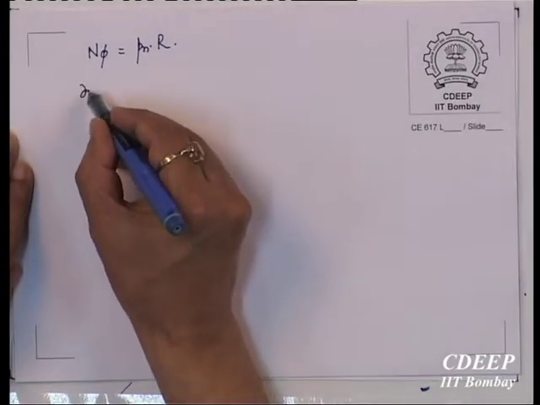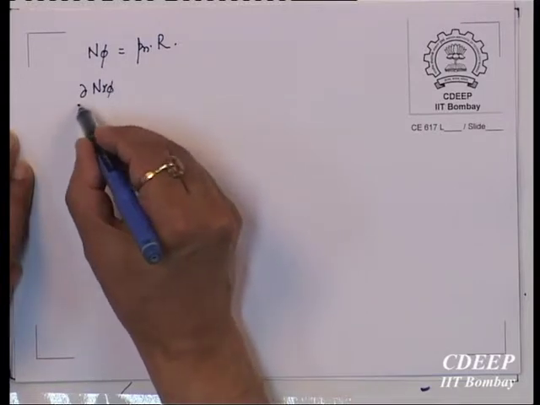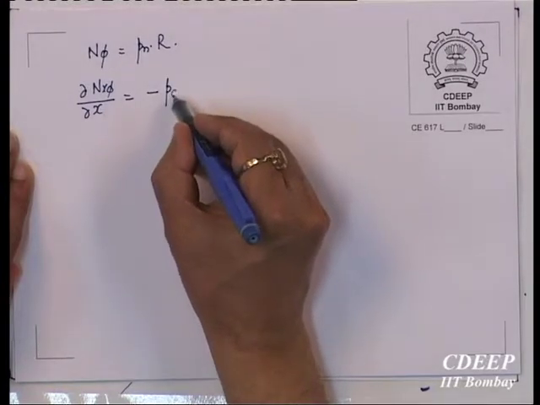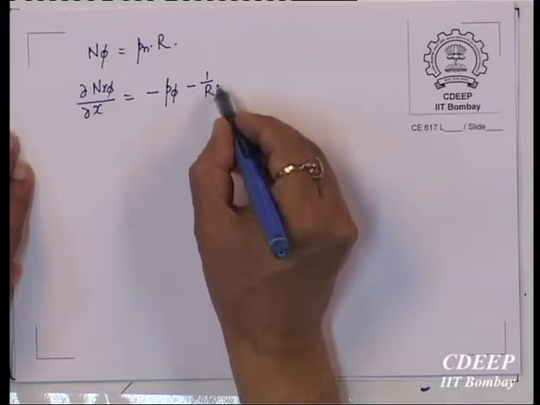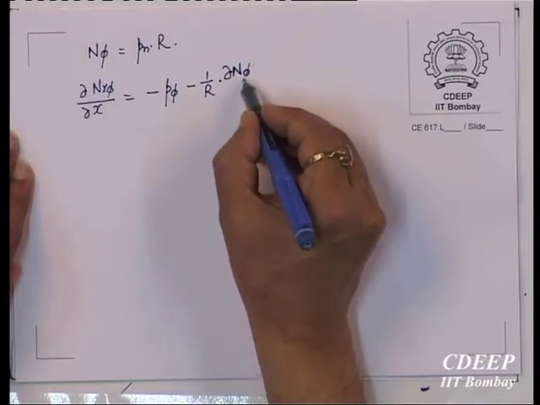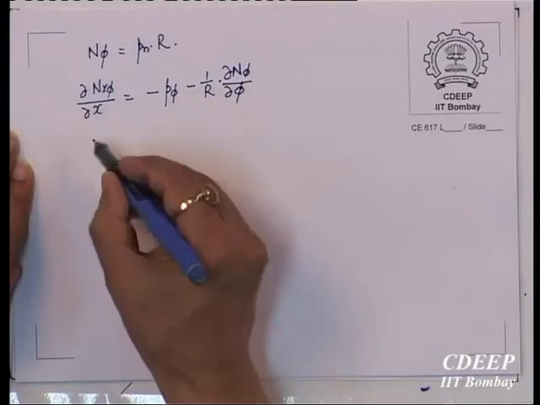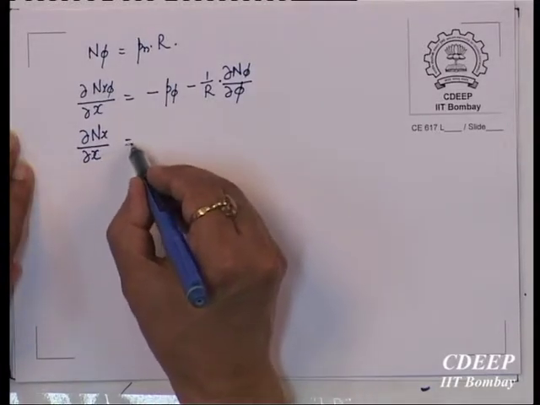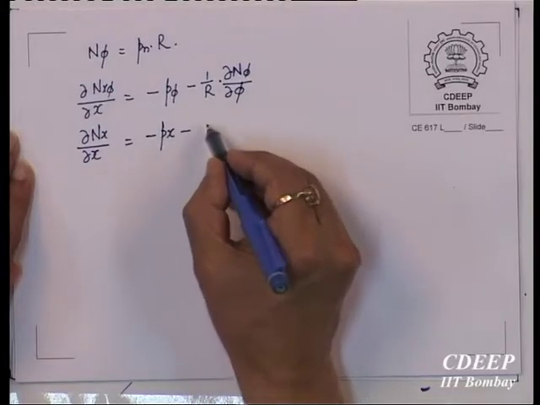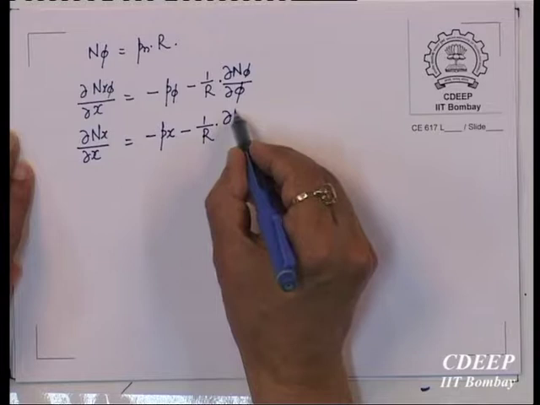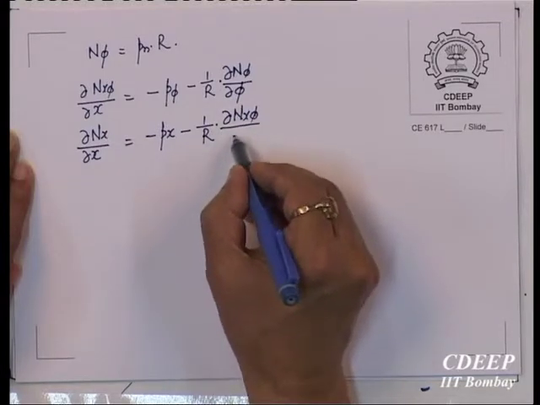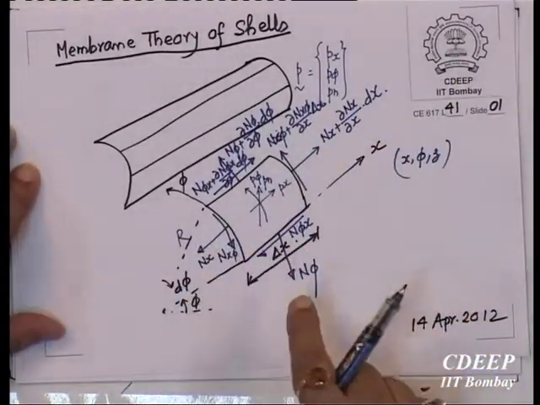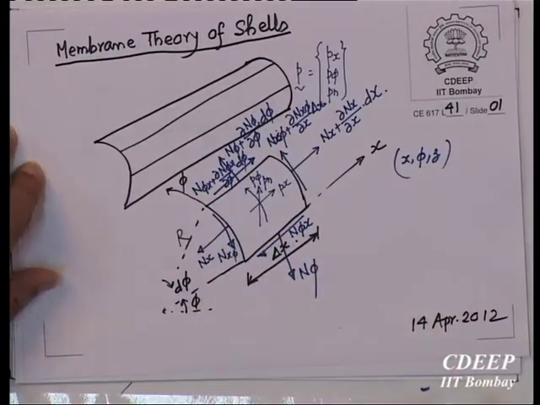You can write down the equilibrium equation in the x direction, in the phi direction, and in the n direction, the normal direction.